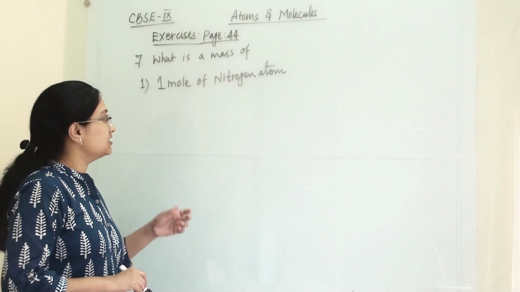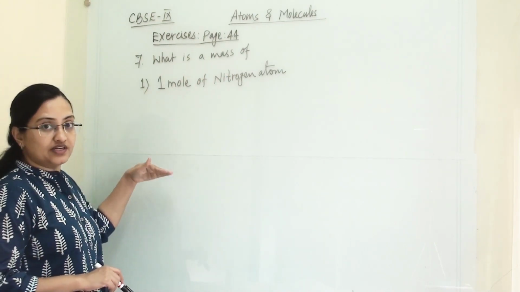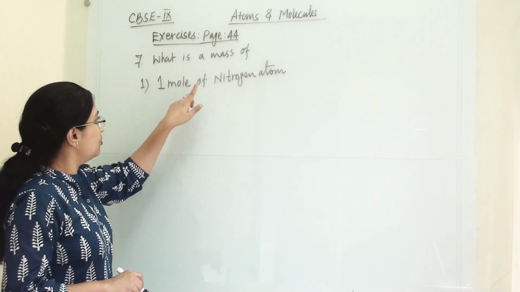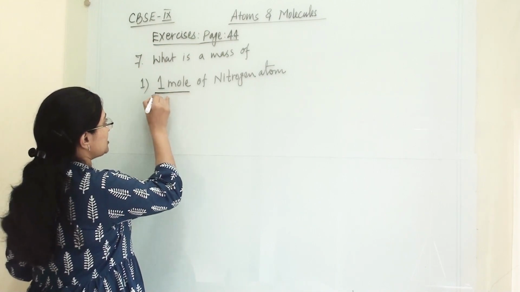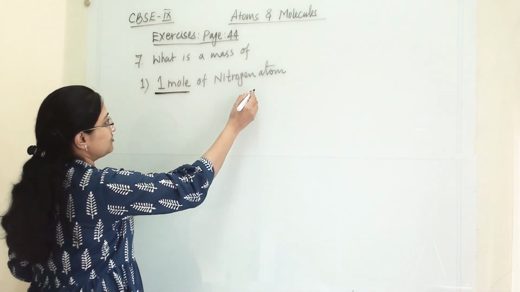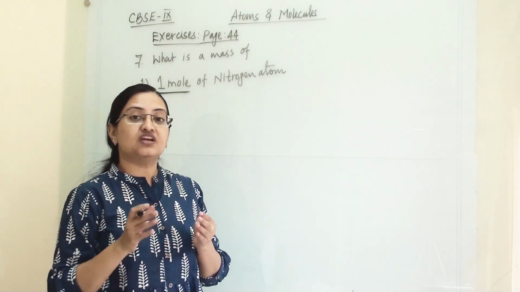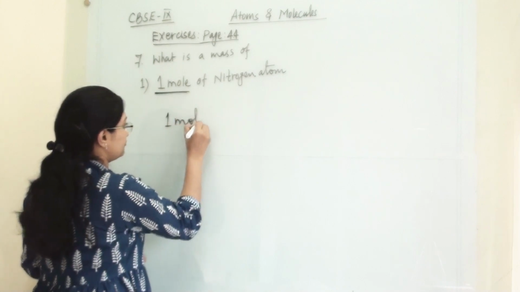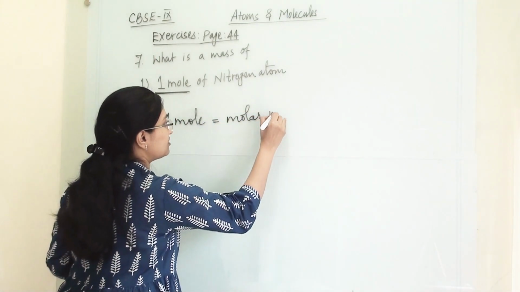Our next question is, what is the mass of the following compounds. First is 1 mole of nitrogen atom. Now we have to find out the mass of 1 mole of nitrogen atom. In the mole concept video we have studied that the mass of 1 mole of a substance is equal to its molar mass.